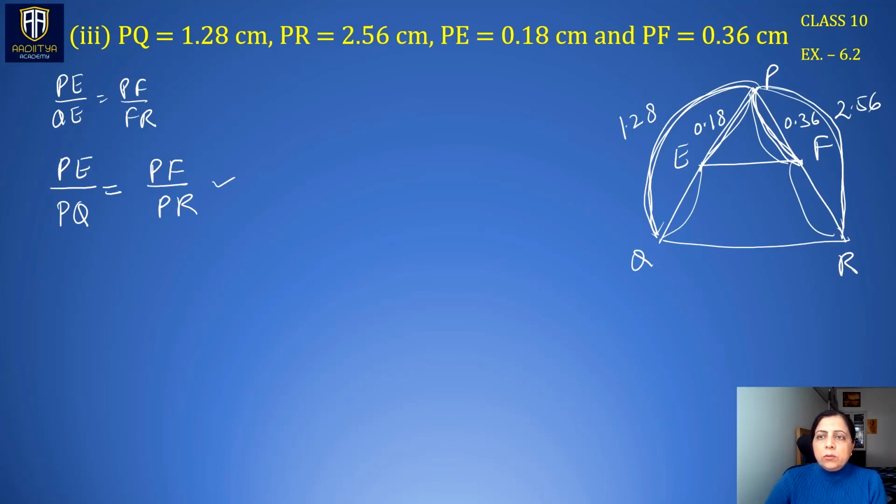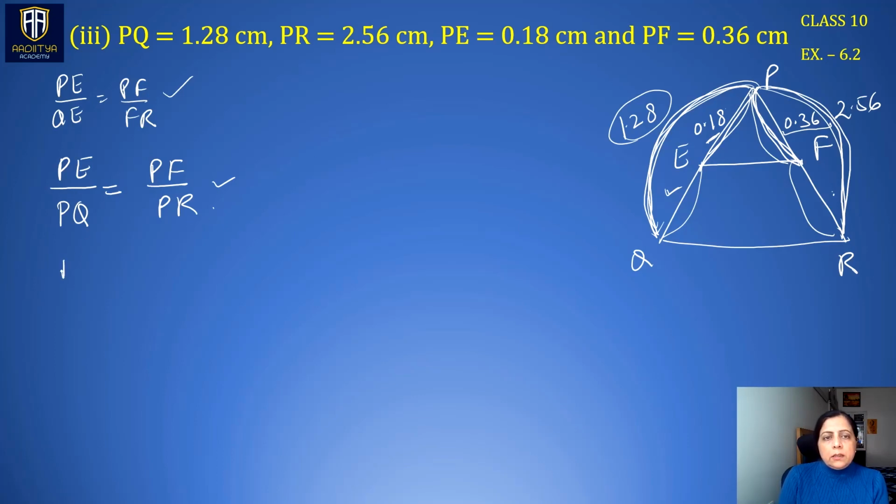Either you can do it this way, or there is a different way also. Like if it is given that the whole side is 1.28, you can subtract this PE part to get QE. Or this is 2.56, you can subtract 0.36 to get FR, then you can take that type of ratio. So I am doing it in this manner, PE upon PQ.